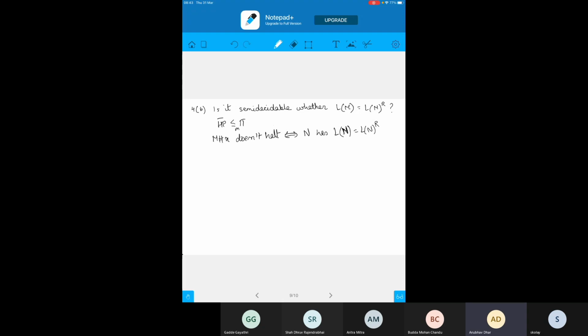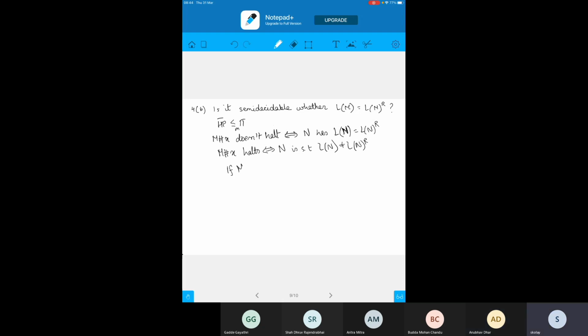Okay, ma'am, here we can use part A. Can you do it once more? So you're saying I'm going to show M hash x holds if and only if n is such that L of n is not equal to L of n reverse, right? Yes, ma'am. If it holds, then we accept A power n, B power n, C power n.